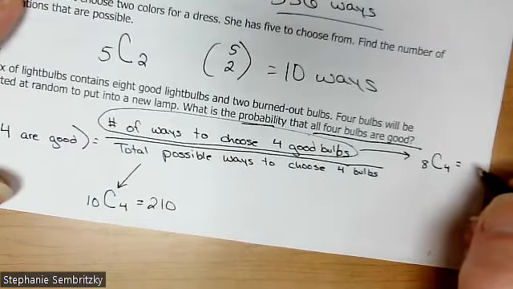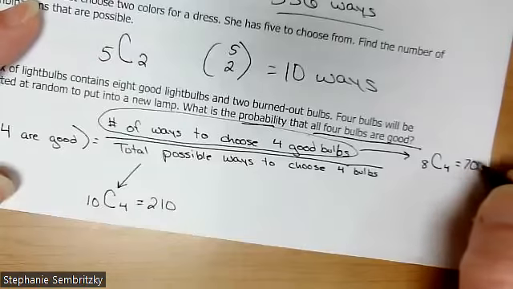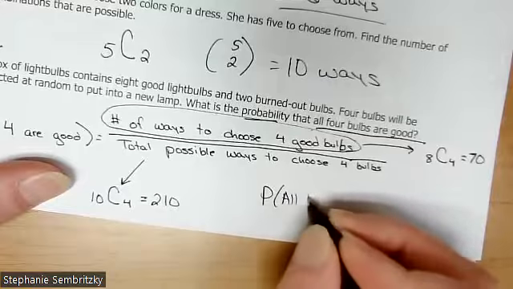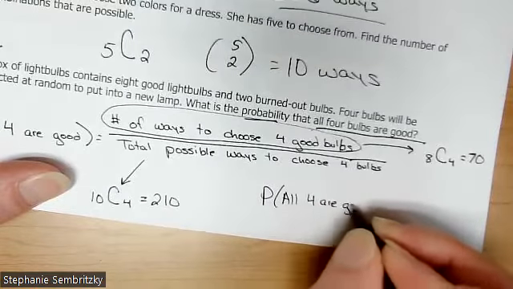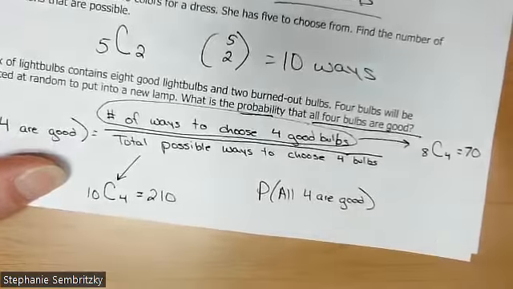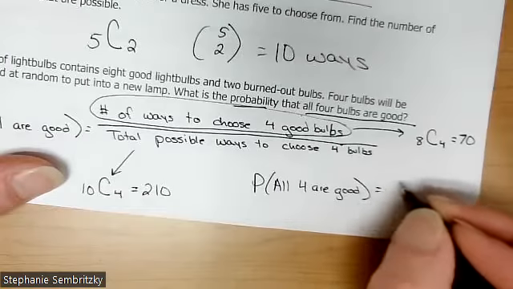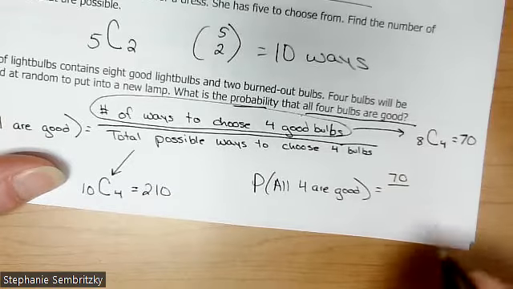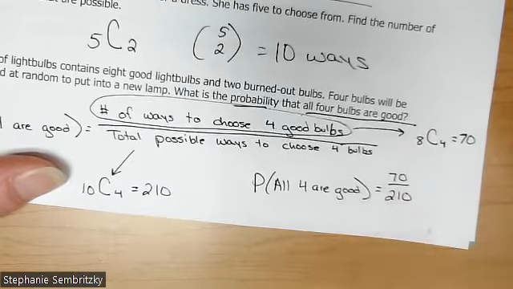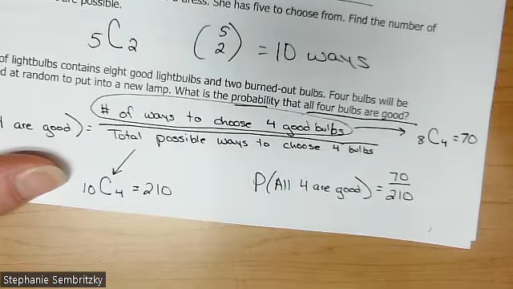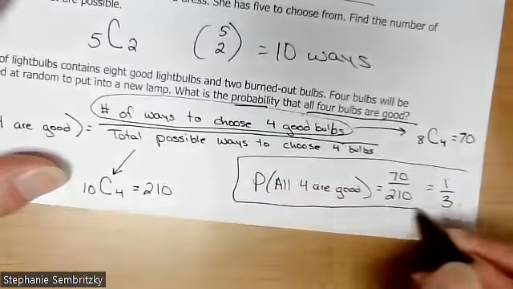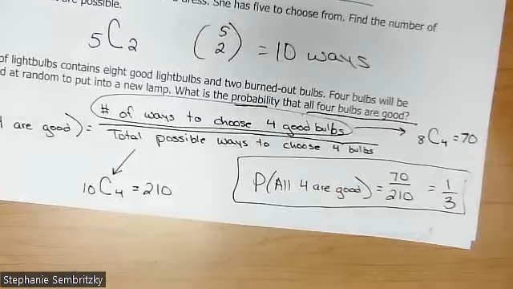There's a lot of different ways, 70 of them. So the probability that all 4 are good. How many ways could we choose 4 good bulbs? 70. Out of all the possible ways to choose bulbs, 210. So 70 out of 210. 1/3.